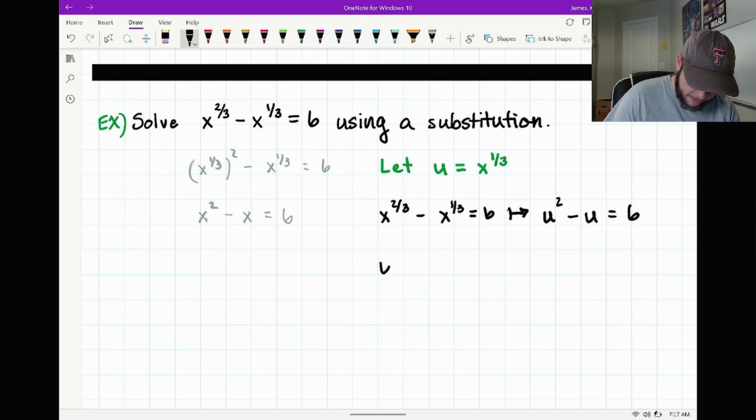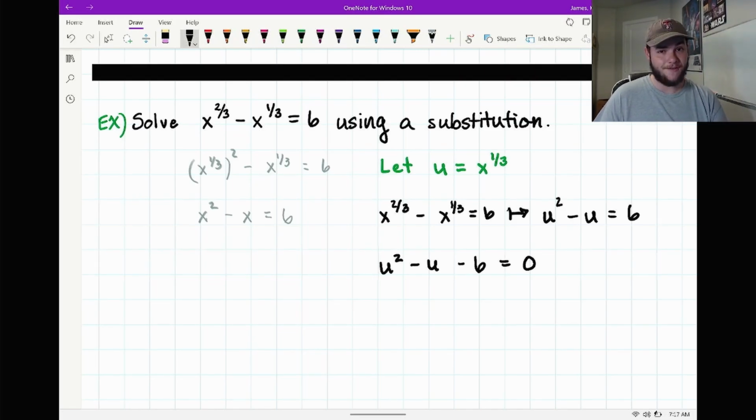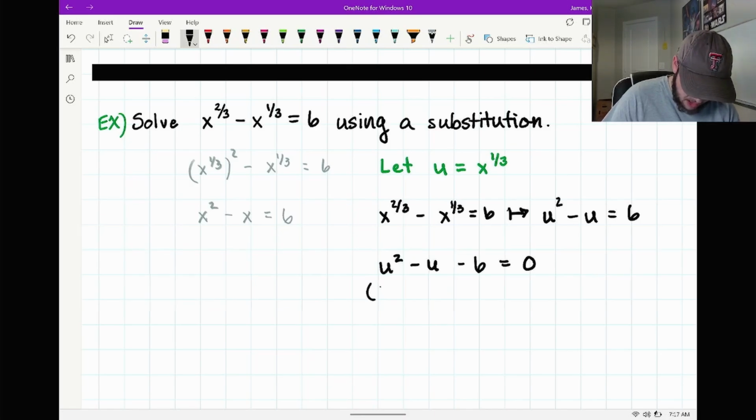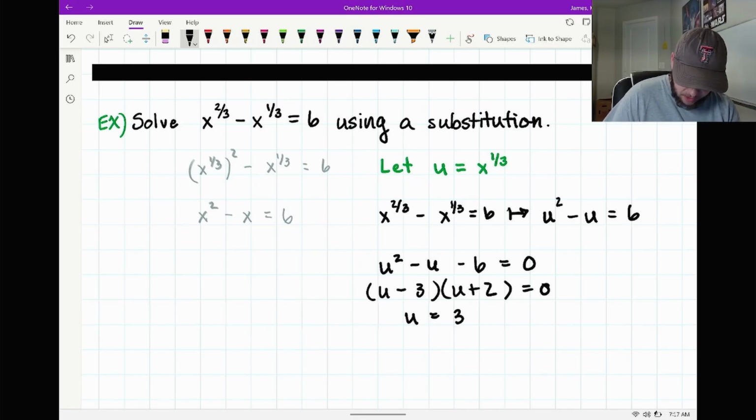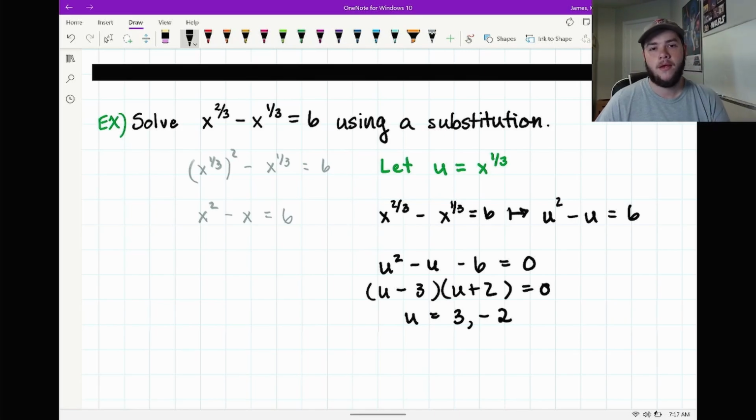I simply move everything to one side. And then this quadratic equation I can factor, and I get u minus 3 times u plus 2 equals 0. And that tells me that u has to be 3 or -2.